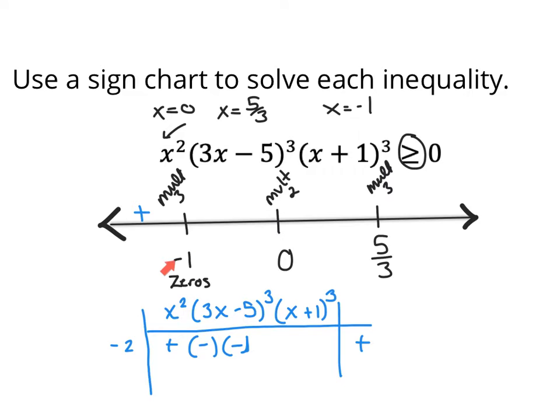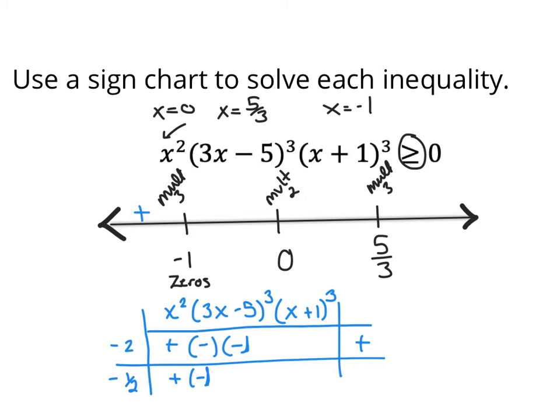Then I select a value between -1 and 0, something like -1/2. If I plug in -1/2 and I square that, in my first factor here, I get a positive. If I plug in -1/2 here, 3 times -1/2 will be a negative. Subtract something and get a negative. Raise it to the third, that will be negative.